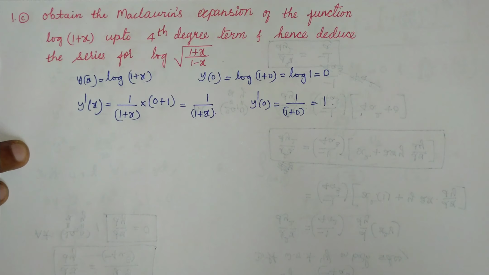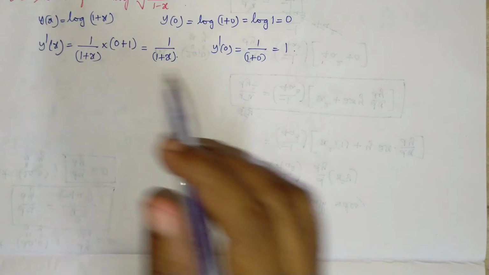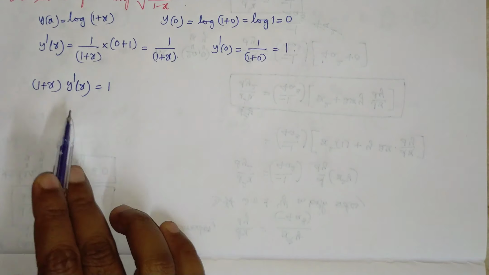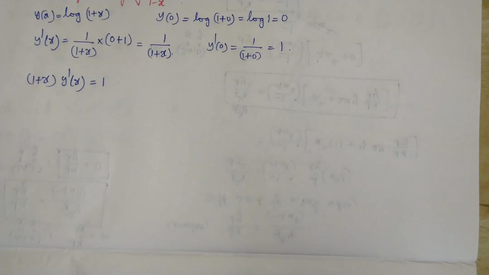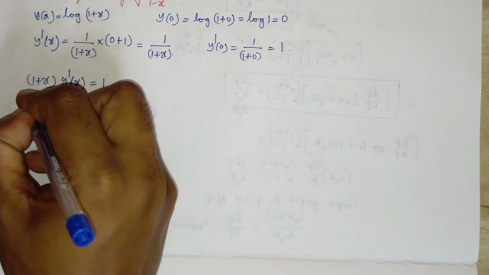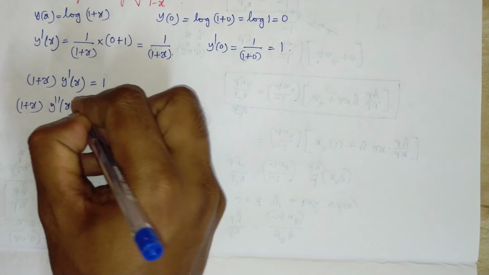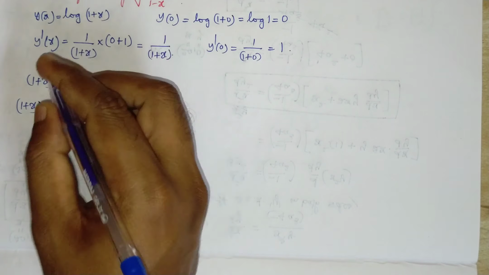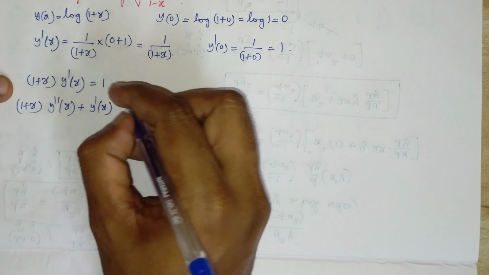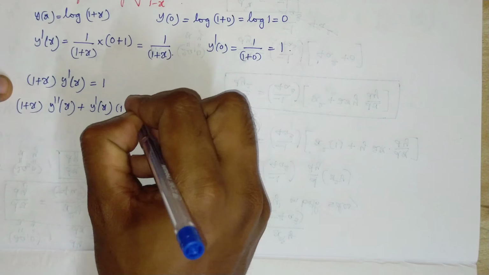Now let me do the cross multiplication here. Now differentiate with respect to x. We have to apply the product rule here. So first function, the differentiation of y dash is y double dash of x, plus second function y dash of x into differentiation of first function, which is 1 plus 0, which is 1. That is equal to the differentiation of 1, which is 0.